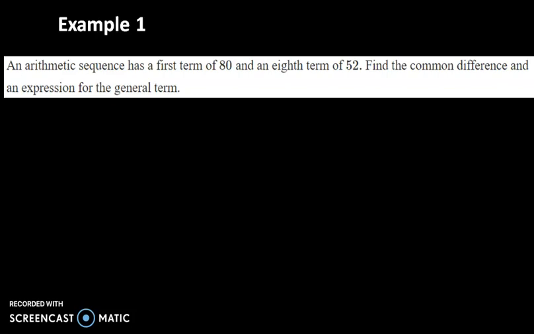Without further ado, let's do examples to strengthen your knowledge. Example 1: an arithmetic sequence has a first term of 80 and an eighth term of 52. Find the common difference and an expression for the general term. When I solve maths, I like to draw a line so that I have more space.